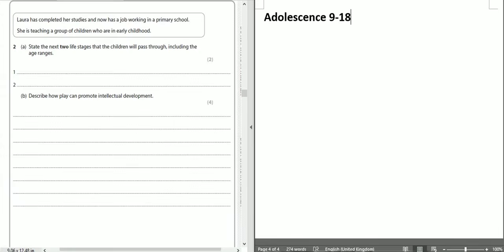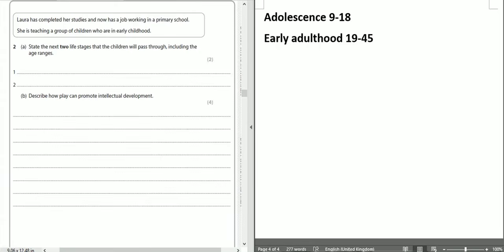So from the point of 9 to 18, you're seen as an adolescent. Following on from adolescence, you enter early adulthood, which is the age range of 19 to 45. So these are the next 2 age ranges for these children.